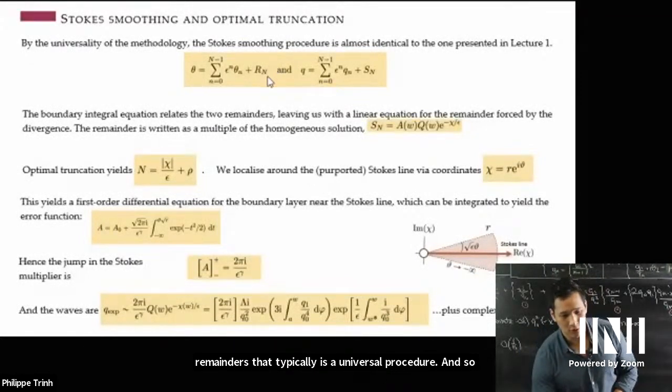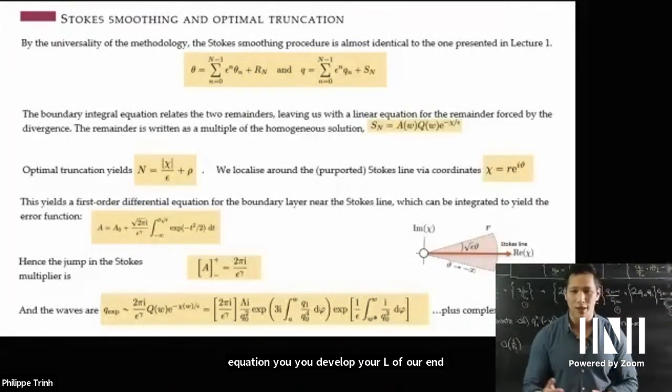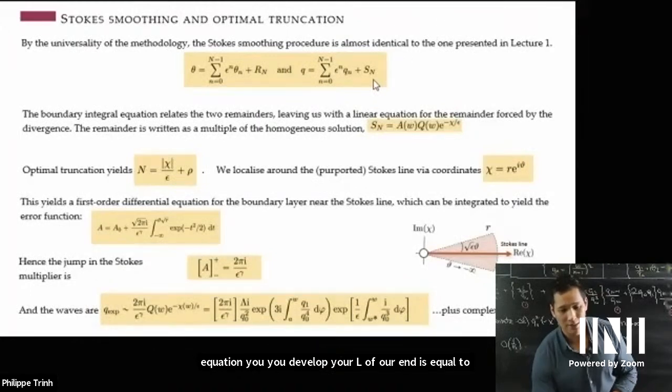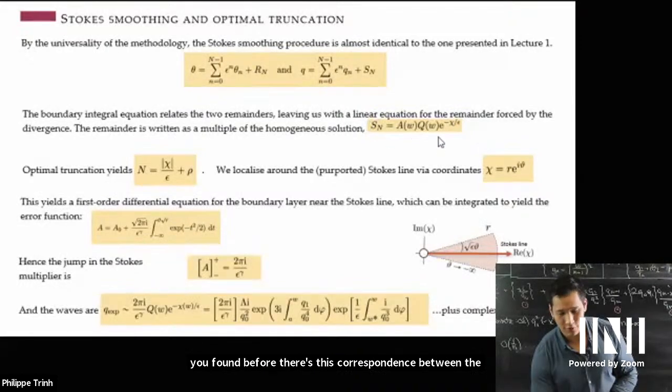You substitute this into the differential equation, you develop your L of Rn equal to the right-hand side, or L of Sn equal to the right-hand side, and you substitute in a multiple of the homogeneous solution, which you'll notice again involves the big Q and the chi that you found before. There's this correspondence between the WKB form that you see here for the remainder and the late order ansatz that we used before. You optimally truncate and you localize near the Stokes line.